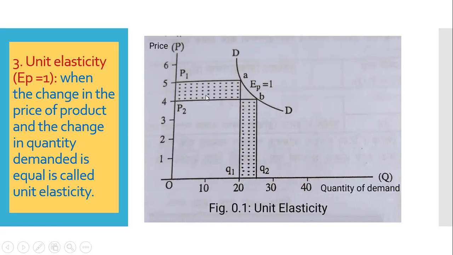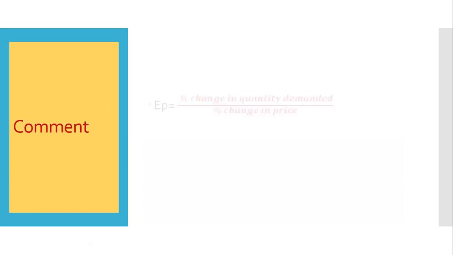So the same percentage, and so we get a demand curve that is nicely convex to the origin. That is, by adding points A and B we get a demand curve of precise shape, that is price elasticity equal to 1. So let us see the formula.